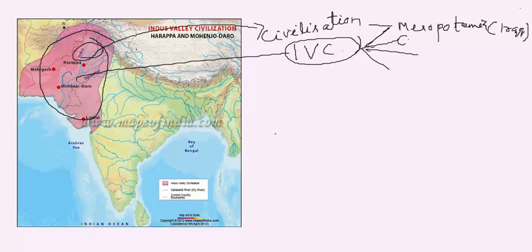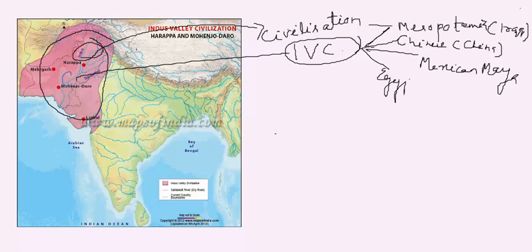Another is Chinese civilization, in present day China. Another is Mexican civilization or Maya civilization. And another civilization is Egyptian civilization.